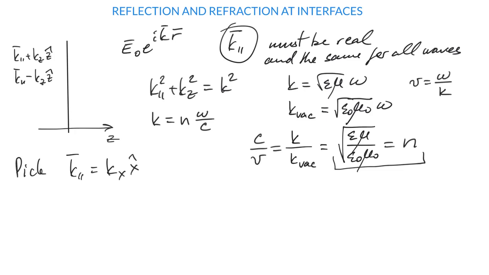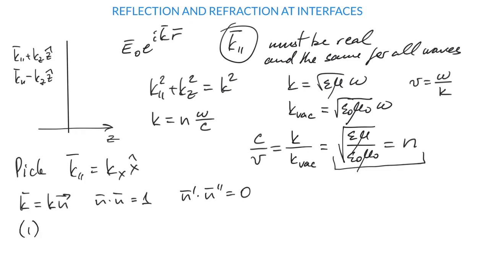Now we have seen before that if we write the total k as wave number k times vector n, so that n dot n equals 1, it follows that the real part and imaginary parts of n are orthogonal. This leaves us with two possibilities.